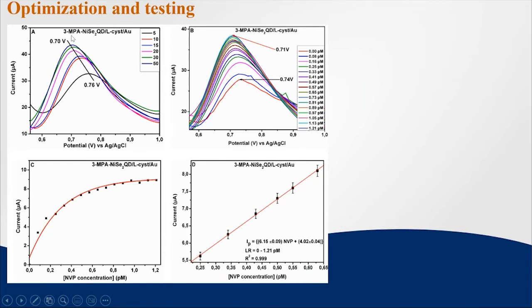So after that optimization, we then focused on our application, because our title was focused on the development of a sensor for nevirapine detection. So now we started the work by doing our detection using different concentrations. But before doing this, it's very important that students go to literature and check what the concentration of these contaminants in water is.